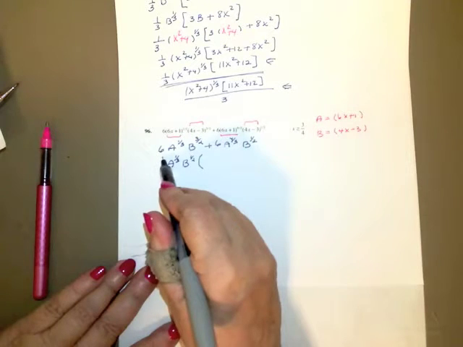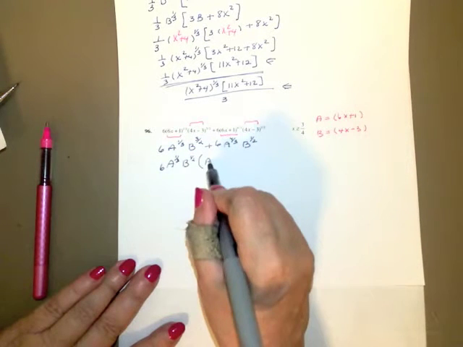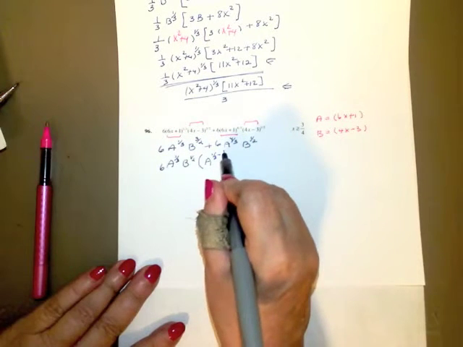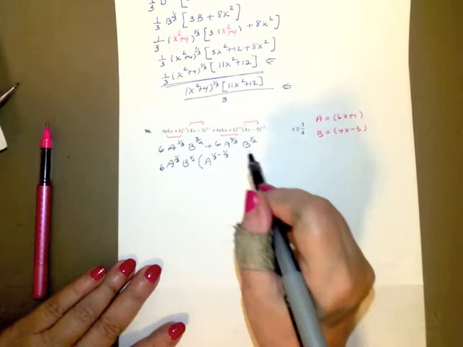I'm taking the 6 from the a to the 1/3. I'm removing 1/3, so he's gone.